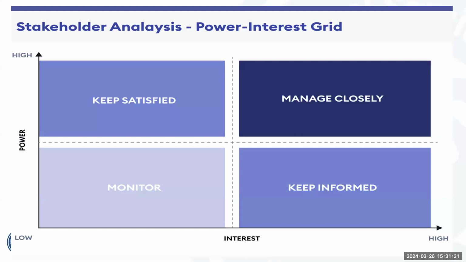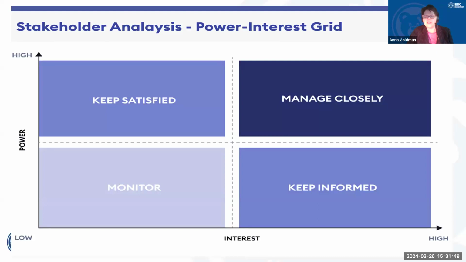Can you place more than one stakeholder? Like I'm thinking HRSA would also be keep satisfied or keep informed. Yes, you could. But what I'm thinking about when I'm thinking about this grid is level of engagement.